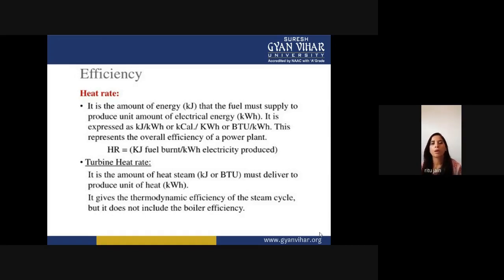It is the amount of heat, steam or BTU, that must deliver to produce a unit kilowatt hour. Now, it gives the thermodynamic efficiency of the steam cycle, but it does not include the boiler efficiency. Okay, so this is about the efficiency which must be calculated for a power plant.